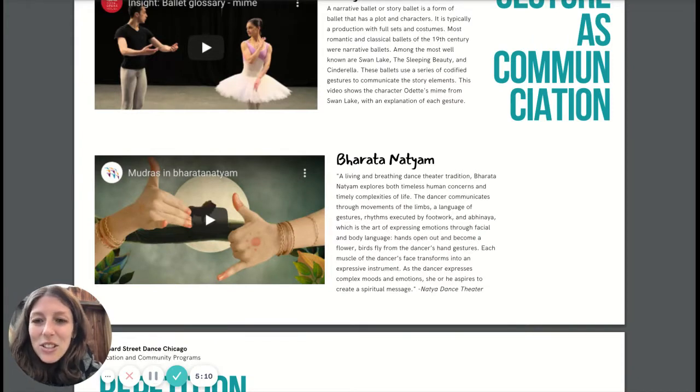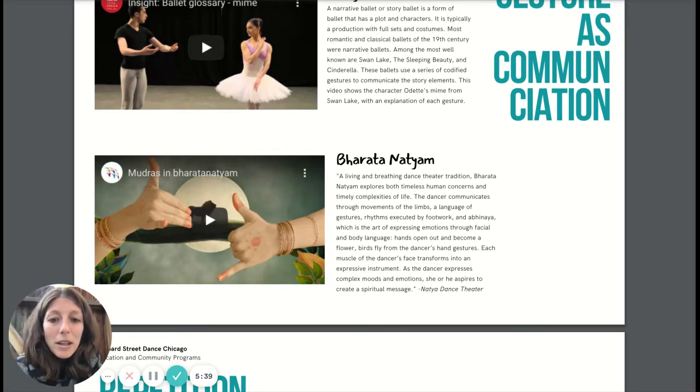It is a living and breathing dance theater tradition. Bharatanatyam explores both timeless human concerns and timely complexities of life. The dancer communicates through movements of the limbs, a language of gestures, rhythms executed by footwork, and abhinaya, which is the art of expressing emotions through facial and body language.